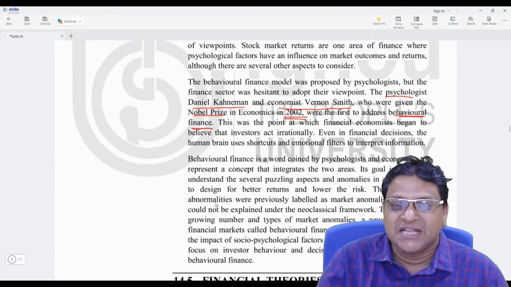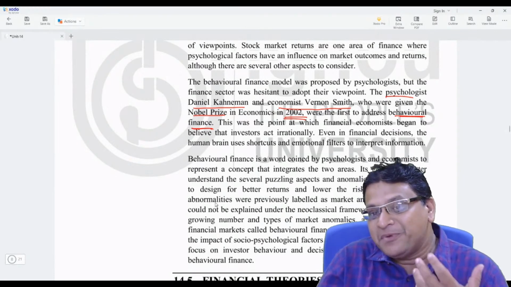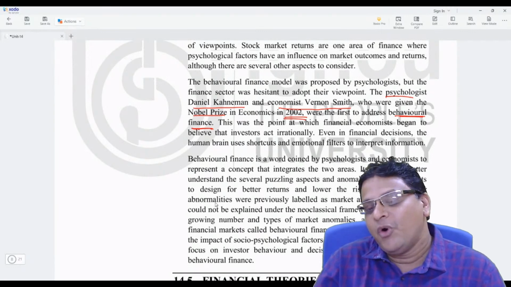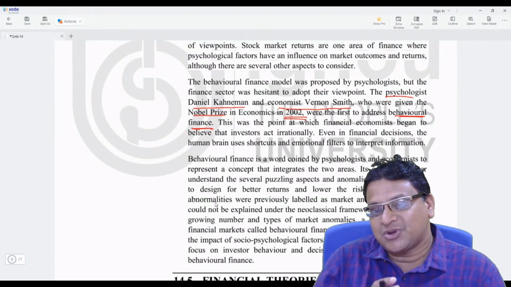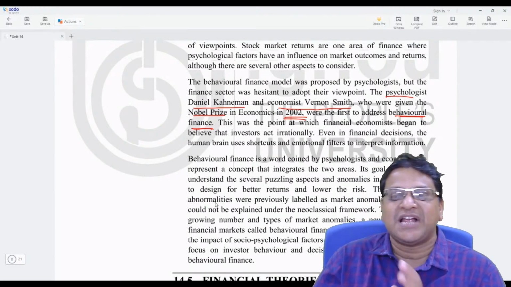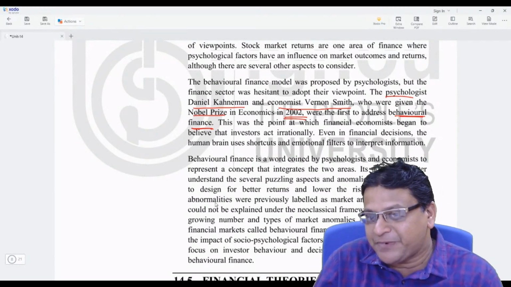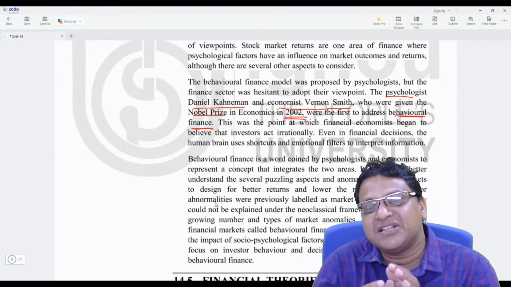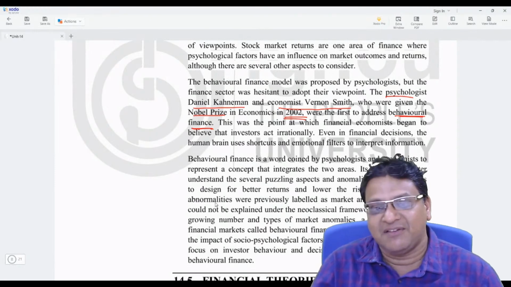Once they got the Nobel Prize, behavioral finance gained relevance. Now people are studying traditional finance and behavioral finance side by side. People have accepted behavioral finance as a separate discipline from standard or traditional finance.